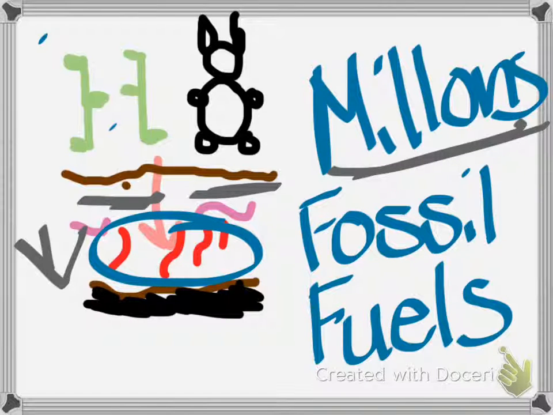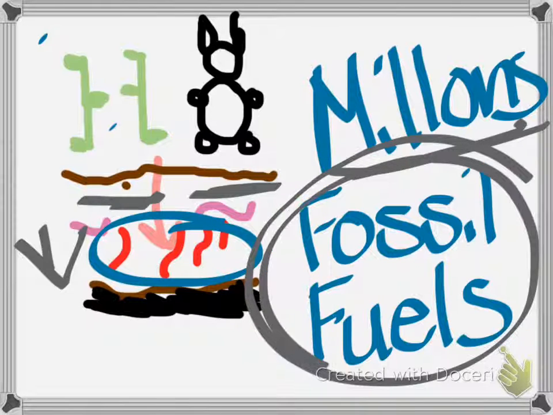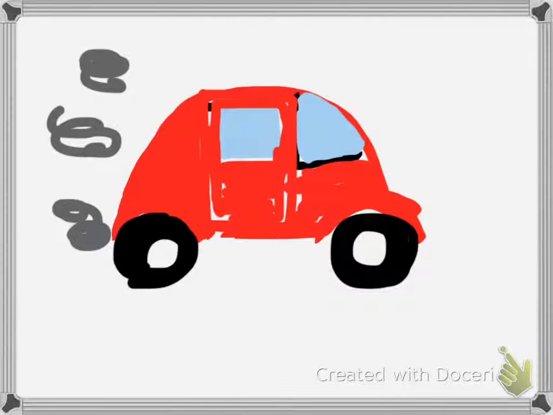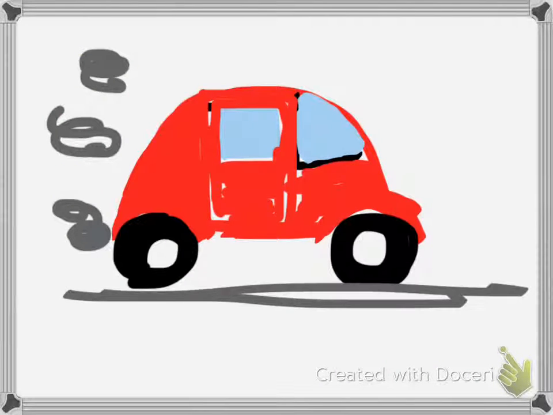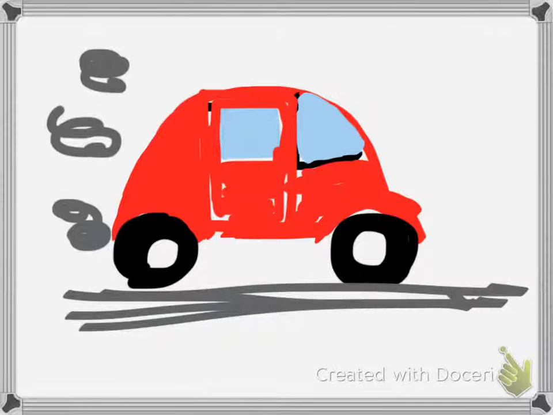And through millions of years, this decomposed organic matter becomes fossil fuels. Hopefully fossil fuels ring a bell for some of you, since it's what we use to fuel our cars, it's what we use to heat our homes. Now, when we dig up these fossil fuels like oil and burn them in our cars or in our homes, we release CO2 back into the atmosphere.